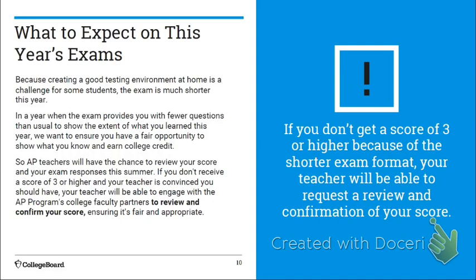So let's see. So there apparently is a sort of appeal process. Let's say you score a 2 on the exam and you truly believe that that is because of the exam format this year, or because it was shorter, you didn't get as many opportunities to show what you know.